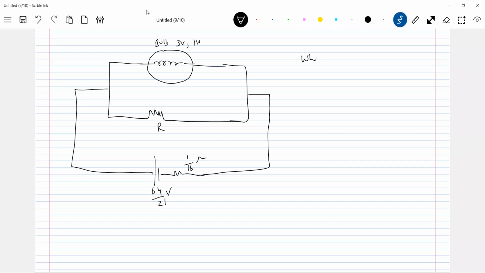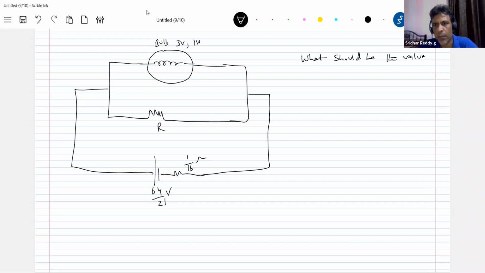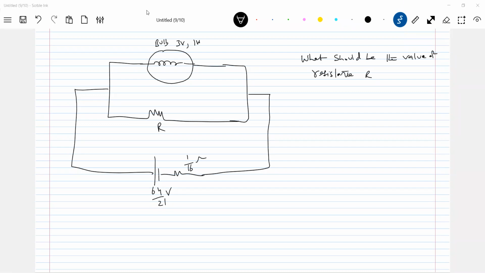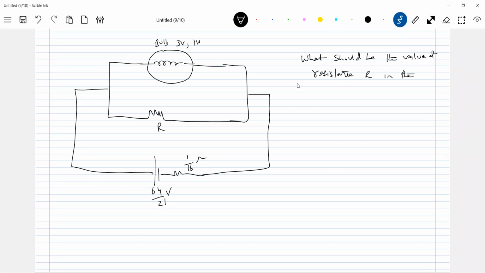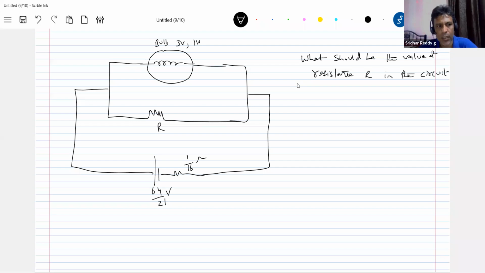What should be the value of resistance R in the circuit so that the electric bulb consumes the rated power?